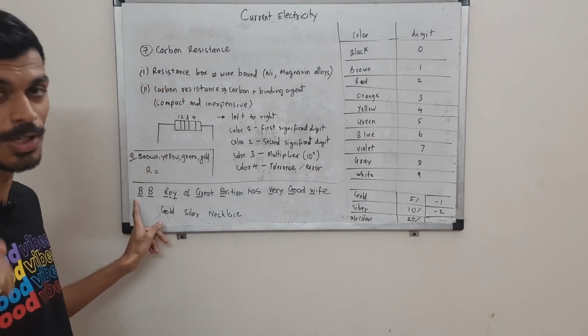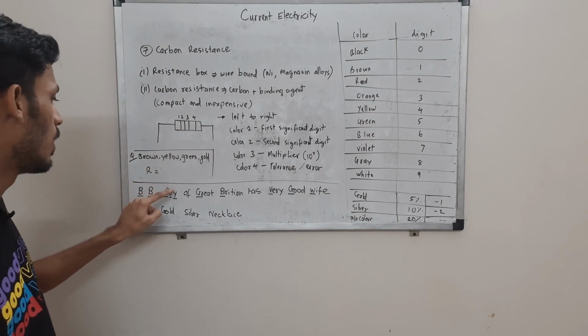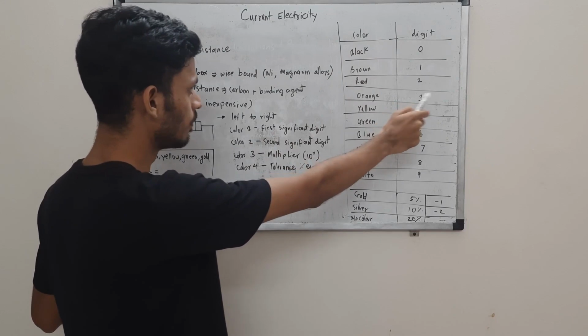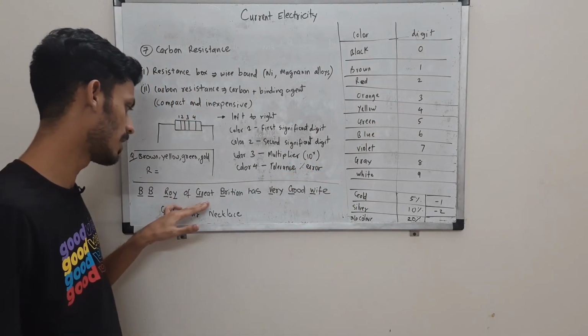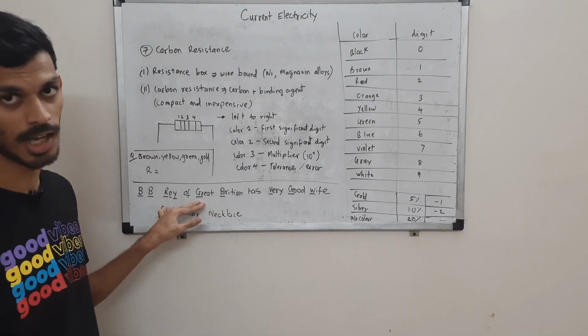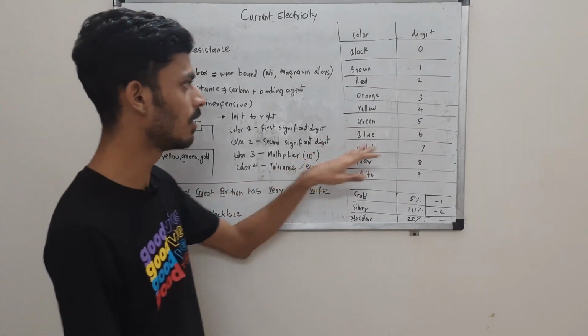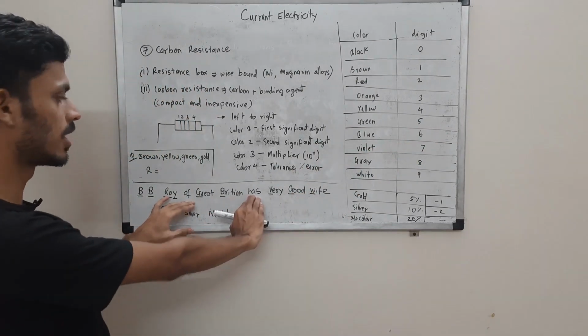So it starts from 0, remember that, and the first color is black. Black, brown, red, orange, yellow. So these many colors are done. And 'of' is not an important word, so we'll keep it aside. Great Britain, so GR of great is for green, and then Britain, B for blue, 6. 'Has' is not important. These two words are not important.